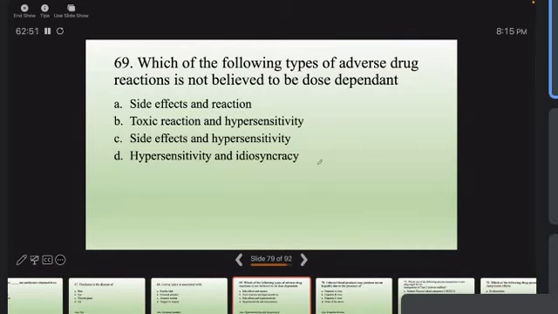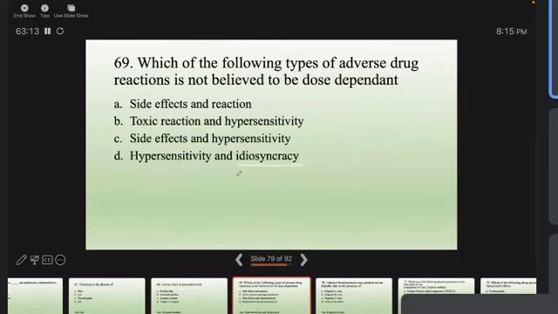So hypersensitivity and idiosyncrasy. Here mainly idiosyncrasy is what we will bring into matter because of the different genetic makeups that we have, the different metabolites that we possess, then the different liver metabolizing enzymes, like for example cytochromes.